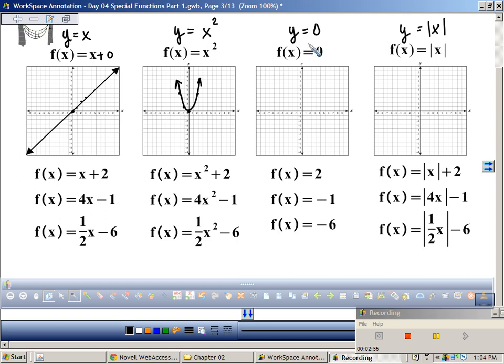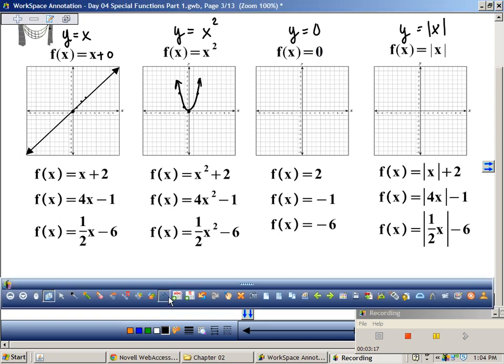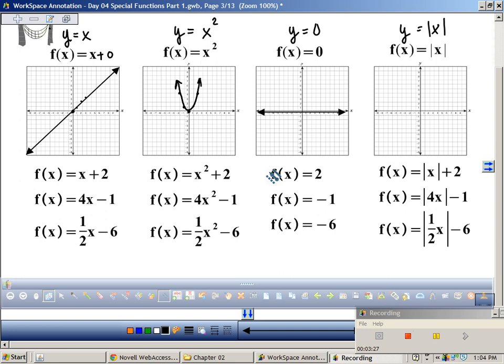The function of x equals 0, y equals 0. That's that constant function. So what would that one look like? Y equals 0 would be a constant horizontal line at 0.